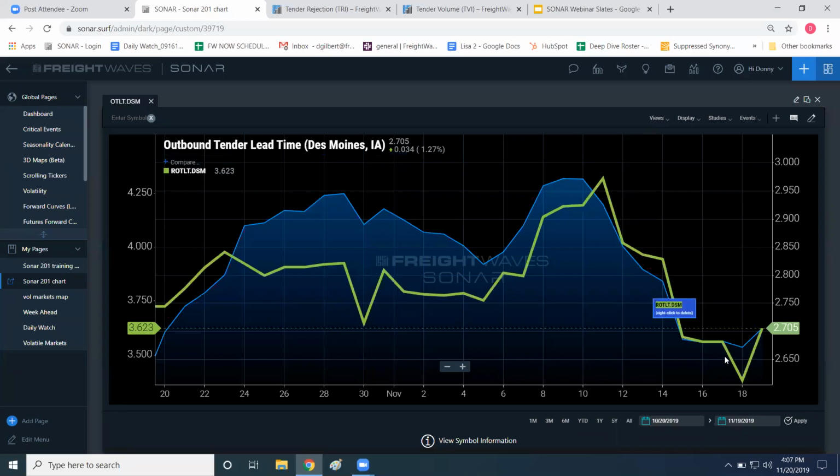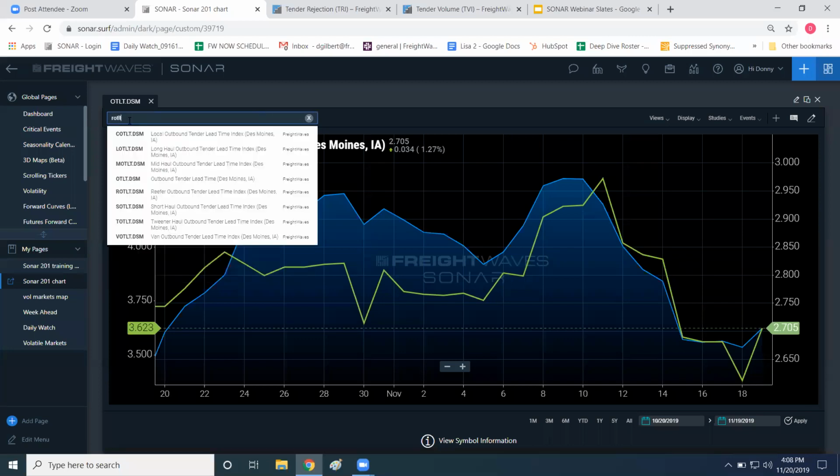It dropped down, but when it dropped, it only dropped to a little right below 3.5 days, and it's moved back up to 3.62 days. So this tender lead time has been elevated for reefer freight leaving the Des Moines market. So this shows us the spot market rates and capacity have been a little bit elevated in this market for reefers. Now we saw the tender rejection rate for reefer was also 30%. So that's very relative to what is going on.